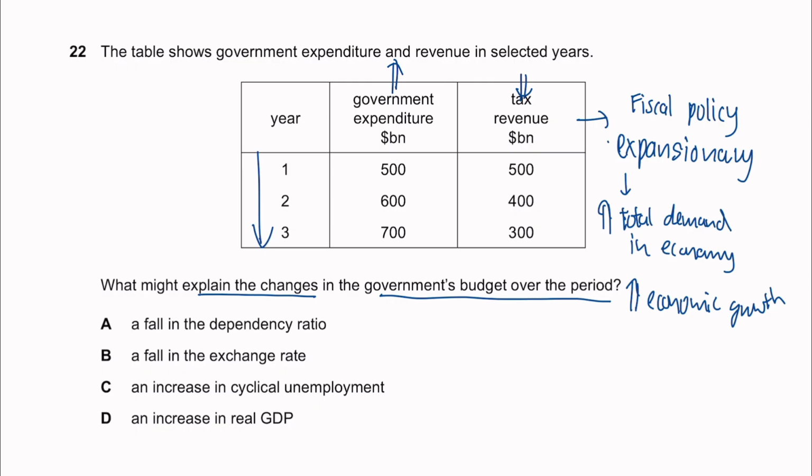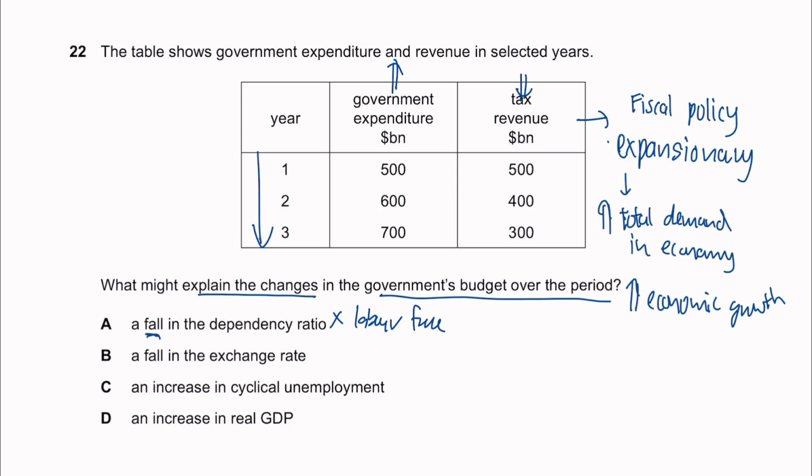Let's see. A fall in dependency ratio. No, dependency ratio just means the child or retired people. A fall just means that there are more people actually in the labor force, so there's no need to boost more demand because there's enough labor force there to contribute to the economic growth.